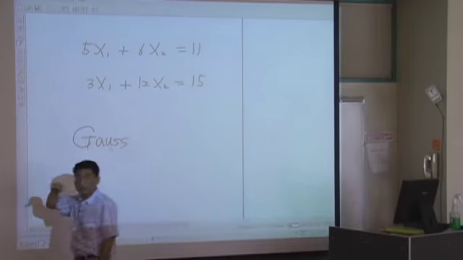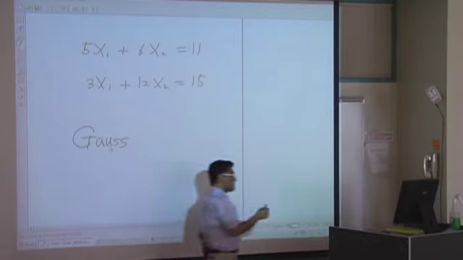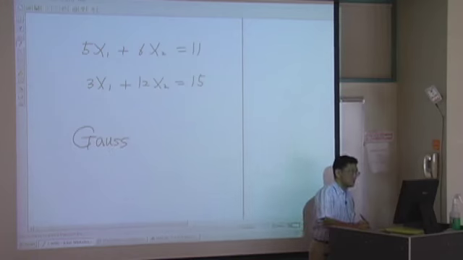Then first of all, we eliminate the x1 term in the huge number of equations. In this case, only 2 equations, so at least in 1 equation we want to eliminate x1. So he used, for instance, the first equation as pivot, and used this pivot to eliminate this one. And how can you eliminate it? The elimination is possible by doing this.